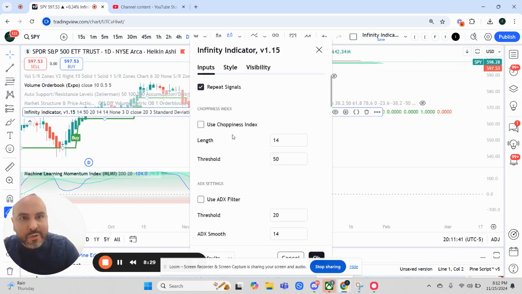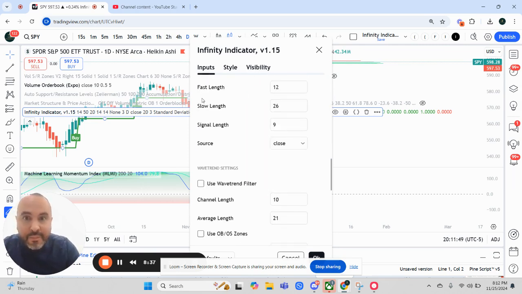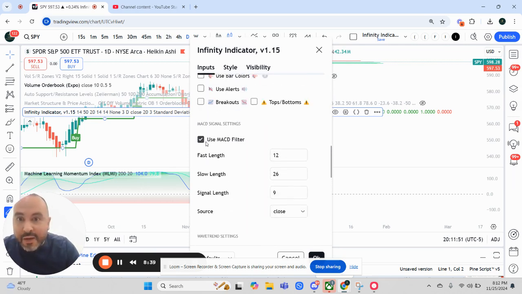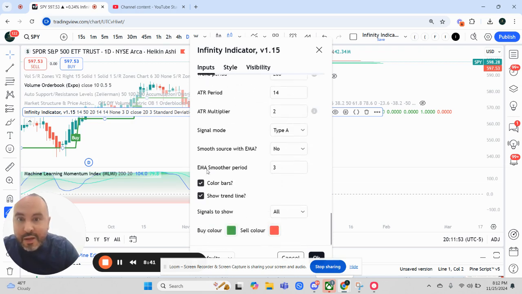So the settings should look like this for your daily chart. Okay. You should have repeats. The only boxes you should have checked are your repeat signals and your use MACD filter. That's it. And these 2 at the bottom, the color bars and the show trend line, you can check them or uncheck them. It doesn't matter. That's up to you.